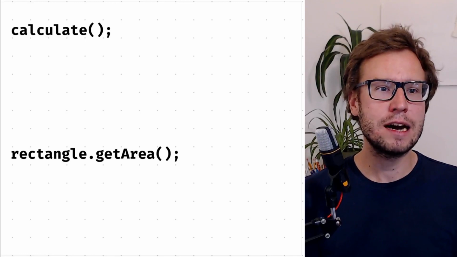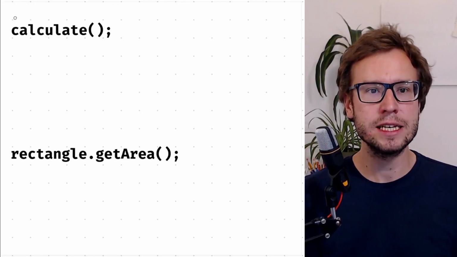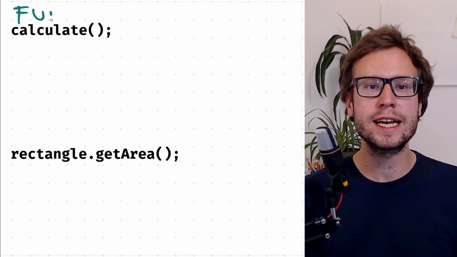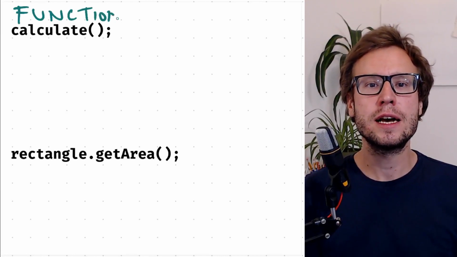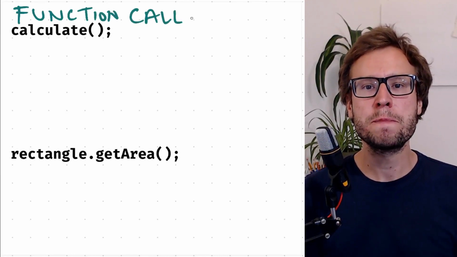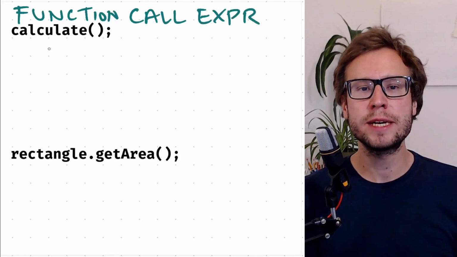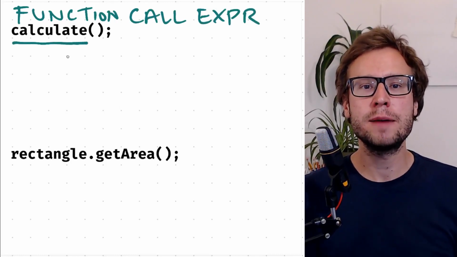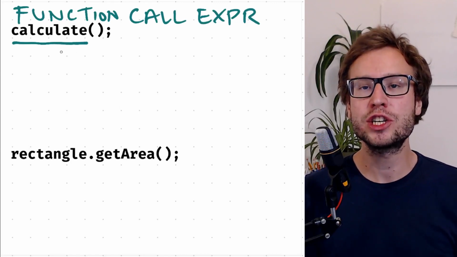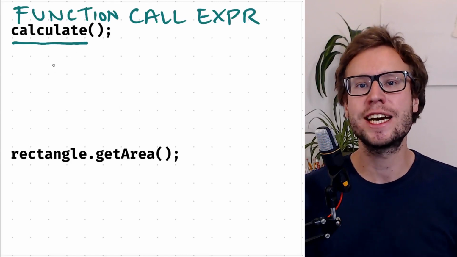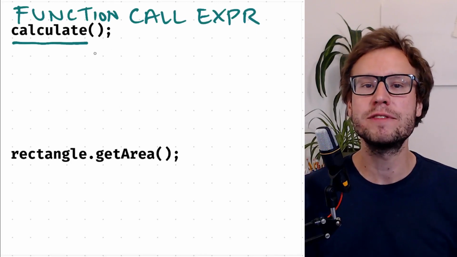Now, what we're looking at here is a function call, specifically a function call expression. Why is it a function call expression? Well, because we have some expression that is the function to be called. In this case, it's just an identifier. This is the name of the function.